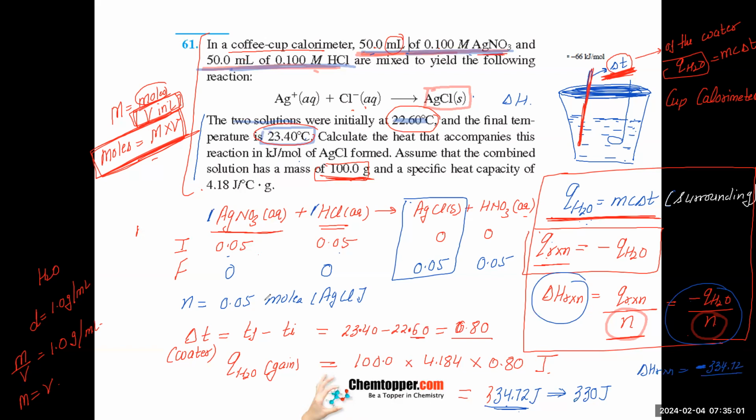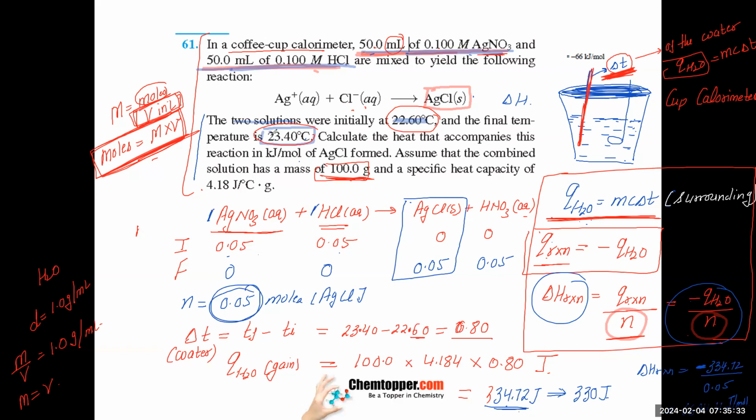n is how much? We calculated, right? 0.05, and put this answer. This answer is in joules per mole. How much is this? I'm getting 6694.4.